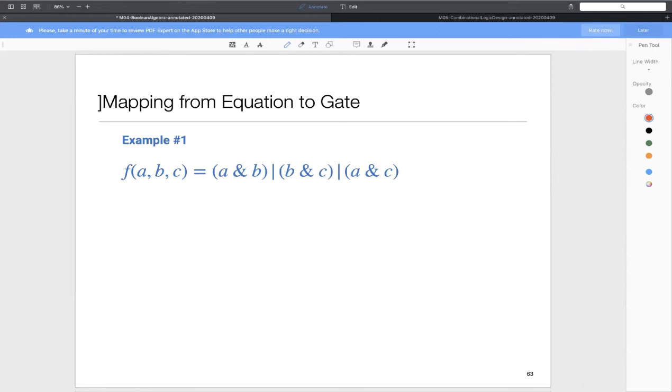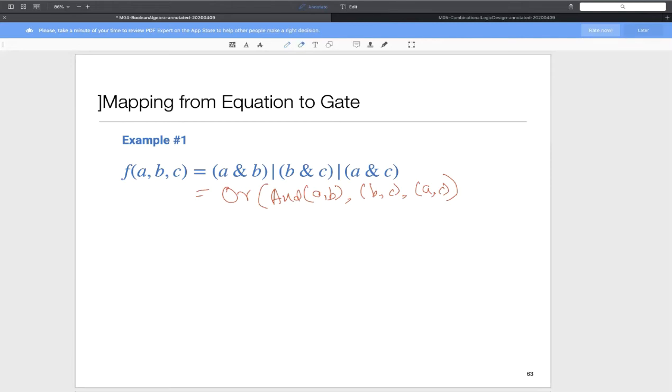I can write it equivalently as an OR of AND of AB, BC, AC. So I have a 3-input OR gate. Sorry, I messed up. Apologies.